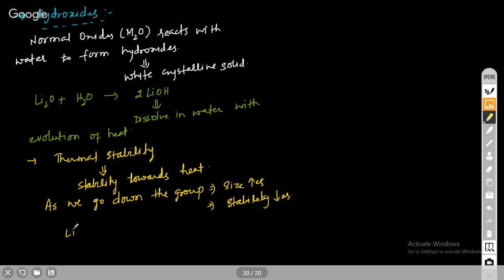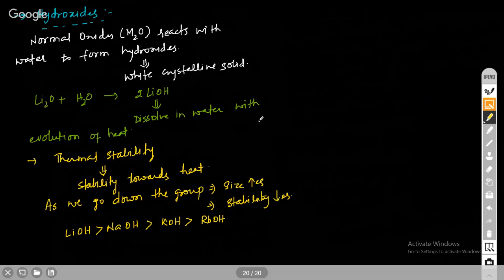So order of stability is this: LiOH, then NaOH, KOH, RbOH, etc. All these solutions are base. NaOH is a base.